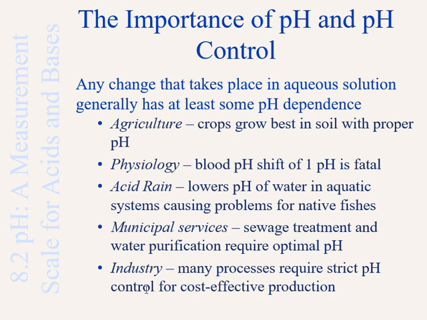In fact, I would say most chemical reactions monitor the pH at which those reactions are conducted. So controlling the pH of a solution and being aware of what it is is vital for practicing safe chemistry as well as productive chemistry.